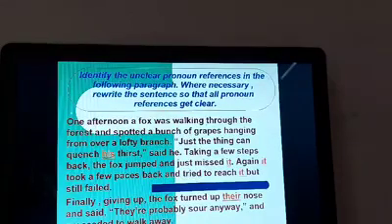Taking a few steps back, the fox jumped and just missed it. Again, it took a few paces back and tried to reach it but still failed. Finally, giving up, the fox turned up their nose and said, "They are probably sour anyway," and proceeded to walk away.